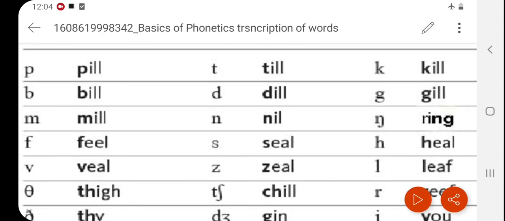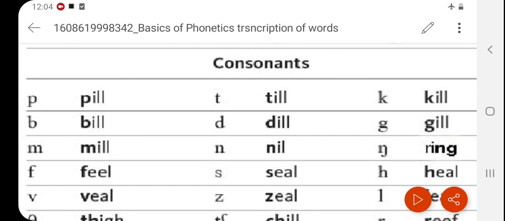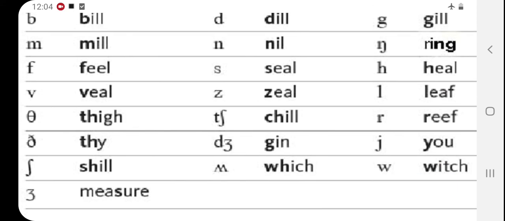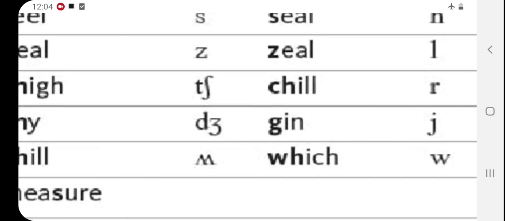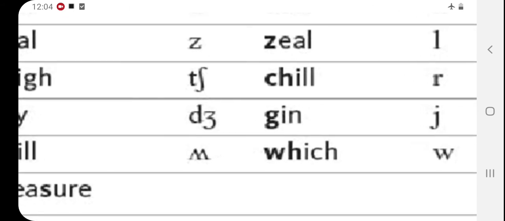Then we have T, ta sound, D, da sound, and na sound. They are very simple that we are using. Then we have S, sa sound, Z, za sound. Now we have a different symbol for CH, cha sound. So T and a kind of integration symbol is used for the cha sound in phonetic transcription of a word.